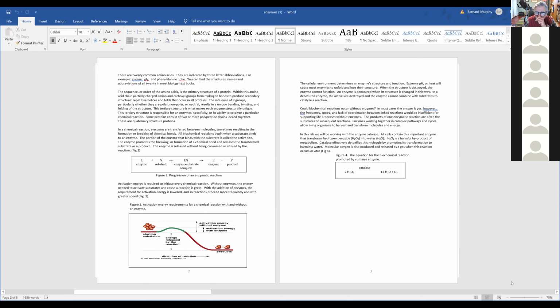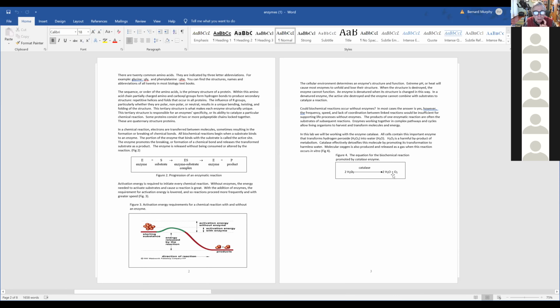Okay, so what we want to do is measure the rate of this reaction. How do we do that? Well, we measure the amount of the products that are made. It would be pretty tough to measure how much water is made, but we can measure the amount of oxygen made.